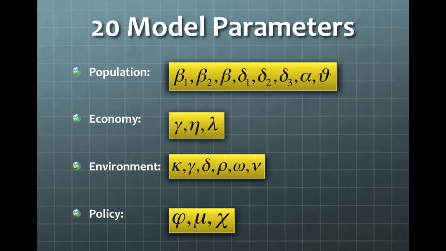Now, if you take stock of all the parameters, you'll quickly count that these parameters add up to 20. We have parameters associated with population, parameters associated with the economic model, with the capital output, parameters associated with the environment, and some parameters that are associated more with policy, that have to do more with how we do things. And I think this is one of the things that I'll say about this model is that it explicitly accounts for policy items that we can introduce, and I think that's a positive thing to say.